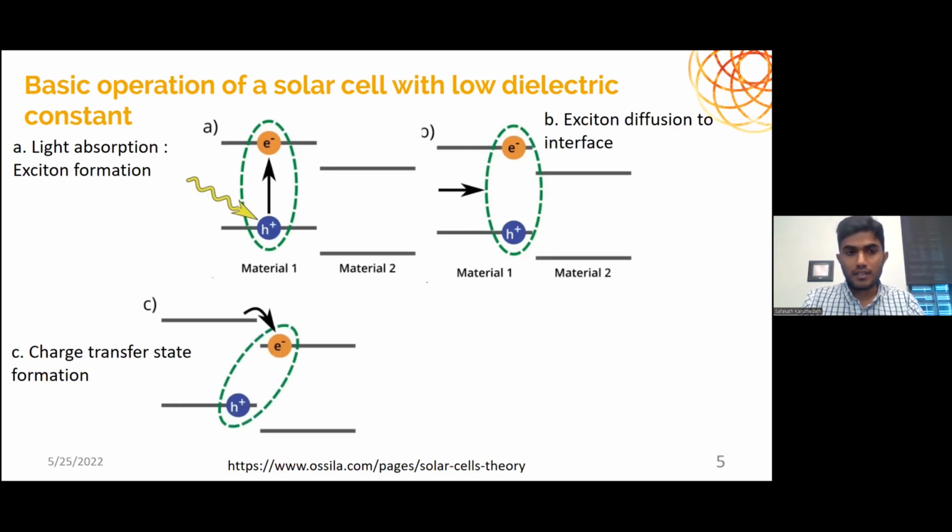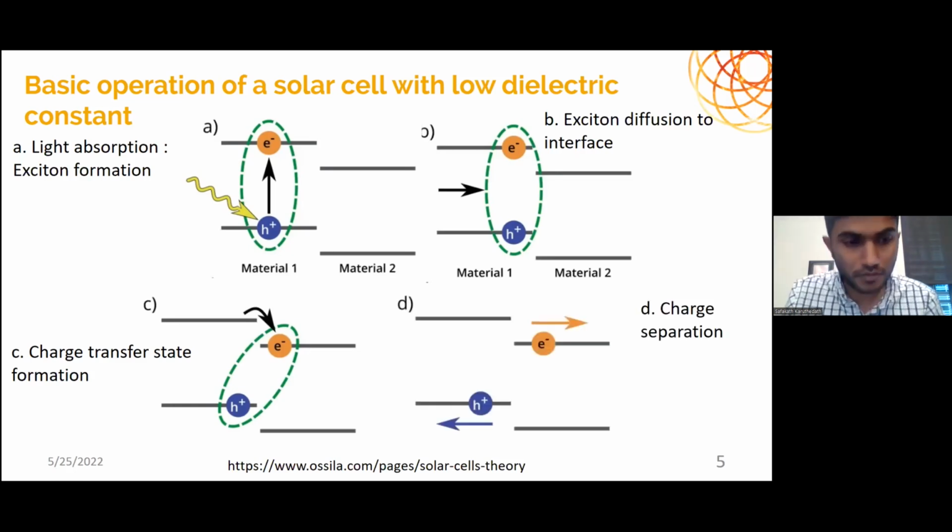Then there is charge transfer state formation, with the electron in material 2 and the hole in material 1. It's still bound, but a little more separated. This is an important intermediate in organic solar cells, at least most of them. Finally, we have charge separation and we have current.